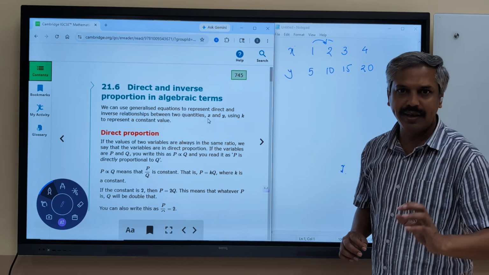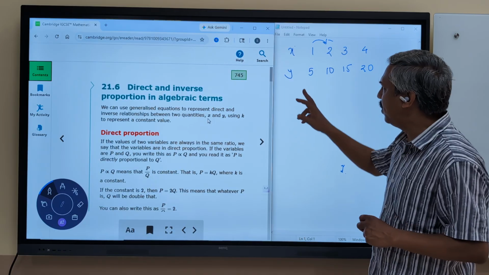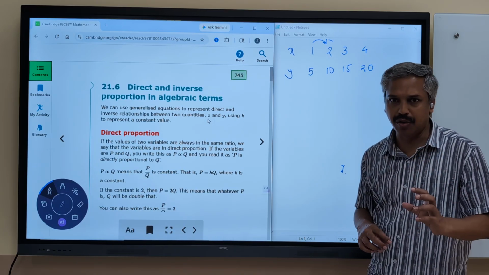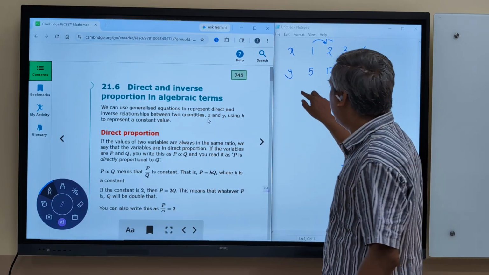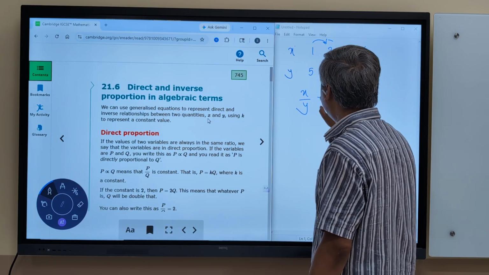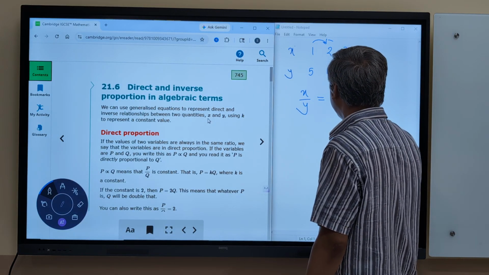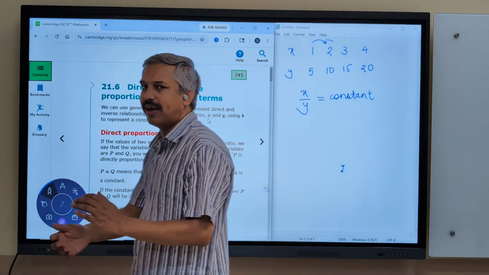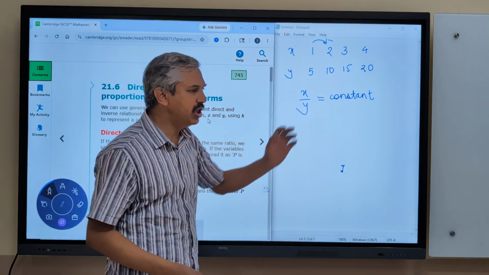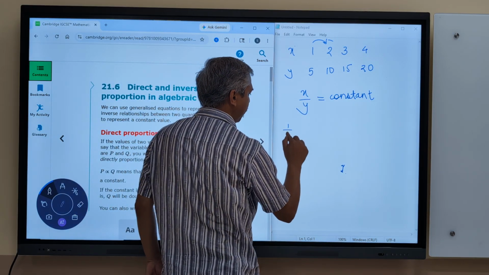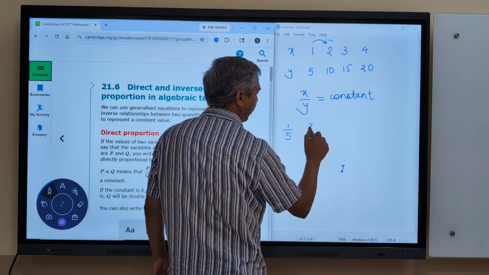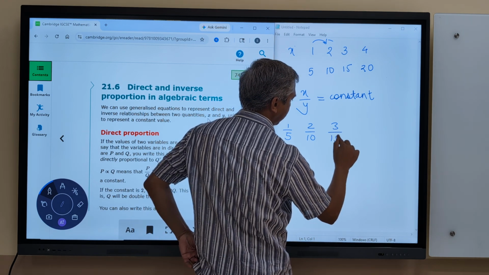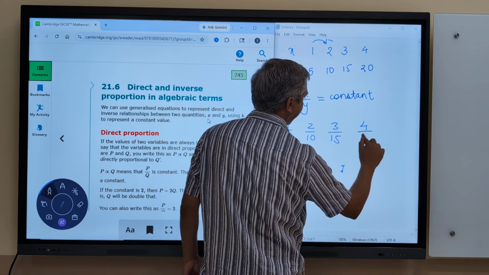And the mathematical test based on which we can predict if x and y are directly proportional or not is that x upon y must be equal to a constant. So we can check the values of x and y: first is 1 by 5, second is 2 by 10, third is 3 upon 15, and fourth is 4 upon 20.